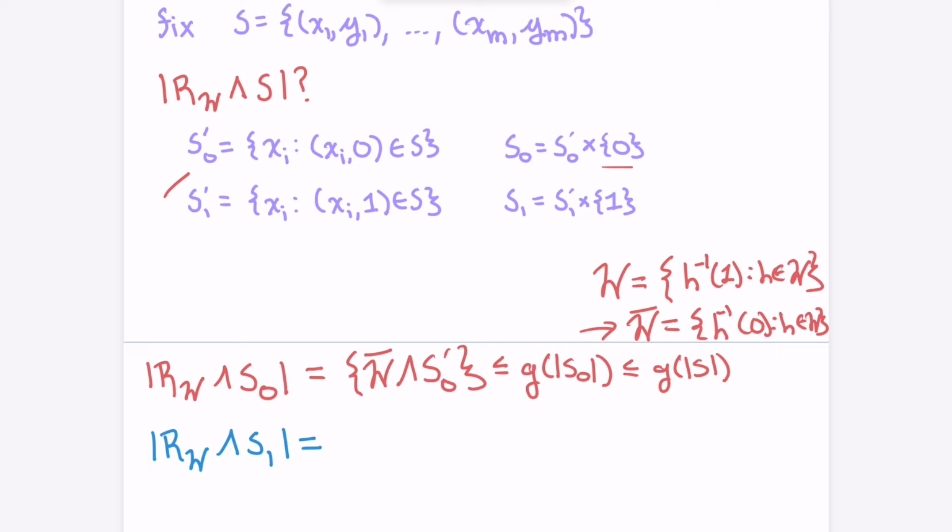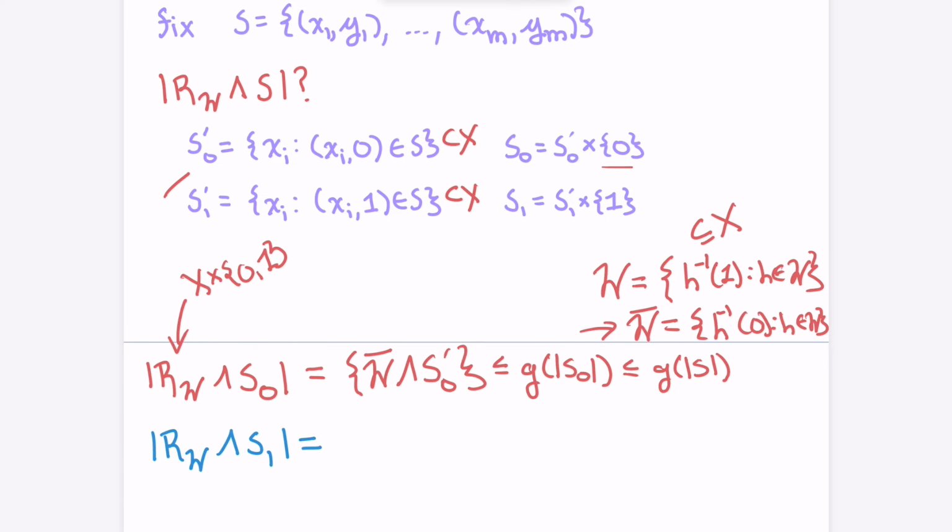So this is as a subset of our input space, right? This hypothesis class is kind of living in X space, but this thing is living in X by 0, 1 space. So we're just trying to relate the two.